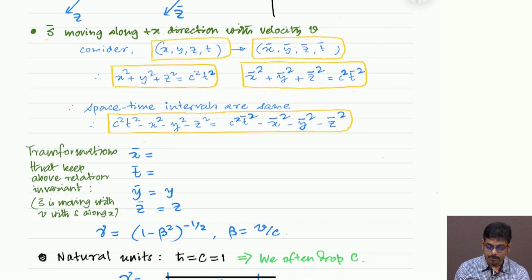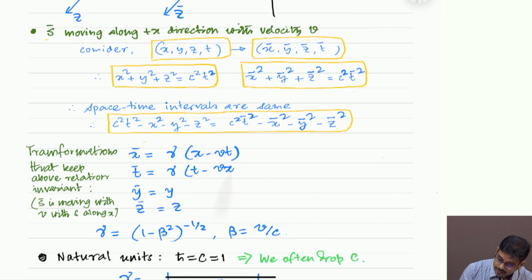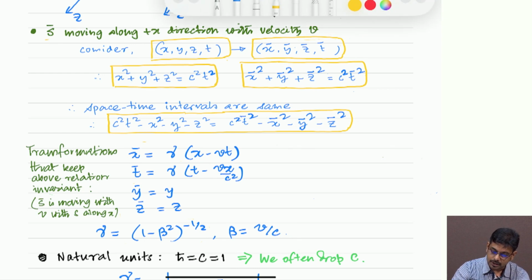It turns out the transformation looks like this: x bar equals gamma times (x minus Vt), t bar equals gamma times (t minus Vx by c squared), and y bar equals y and z bar equals z, with the caveat that when S bar is moving along the positive x direction, this set of transformations will keep the space-time intervals constant, or the same.